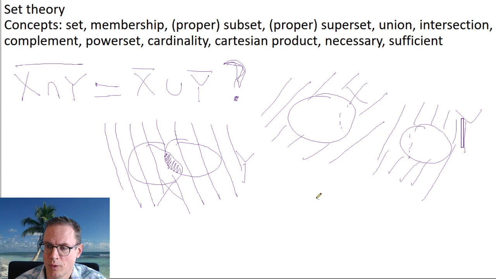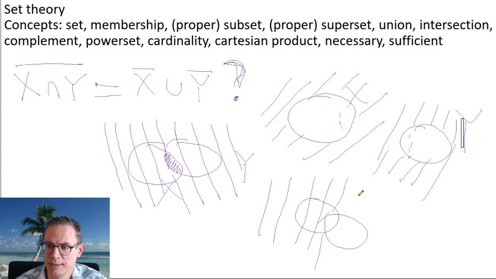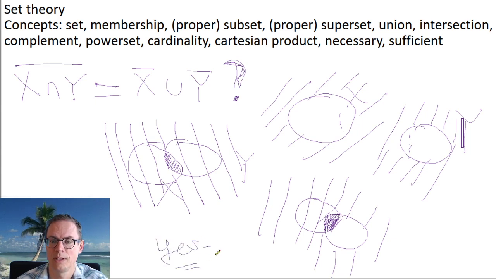So what we'll end up with is everything shaded except for the particular little area that is not shaded in either this or that, which is exactly the same as we saw in the previous situation. So the answer is yes, this is true. And you can check that best by drawing Venn diagrams and then shading the different areas.